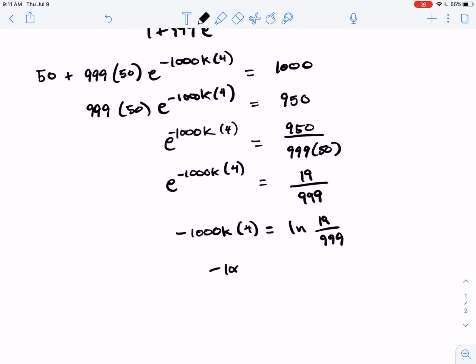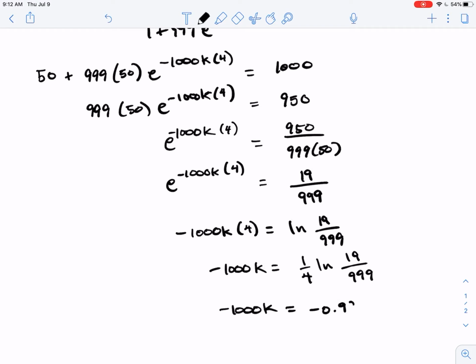The reason why I am writing it this way is if I do this, I could just plug in for that 1,000K that I had initially. You don't have to do that, but it's just something that I like doing so I don't have so many numbers there.